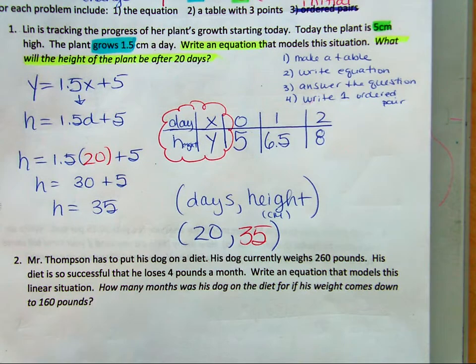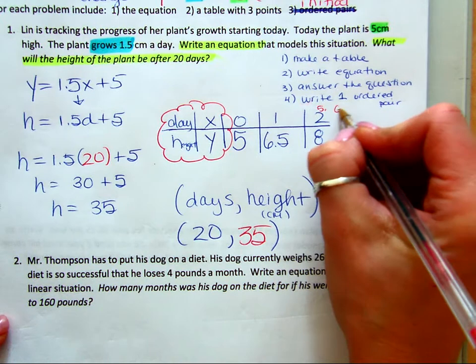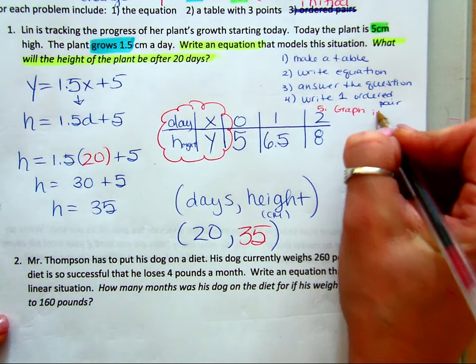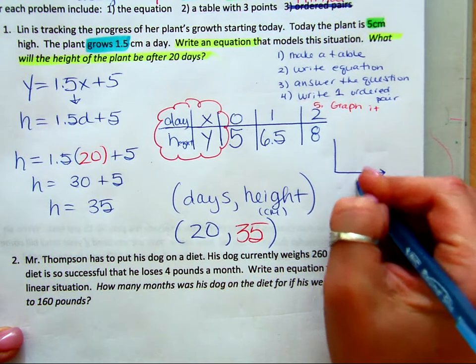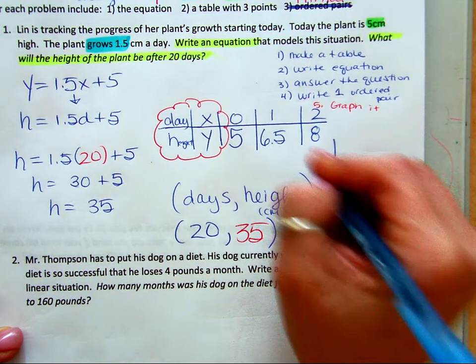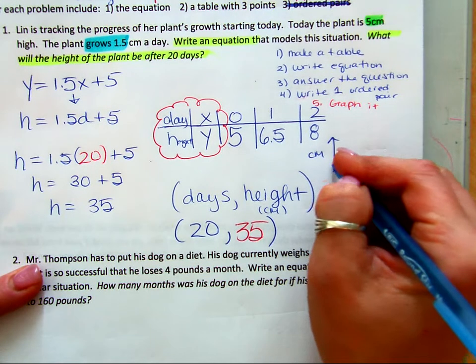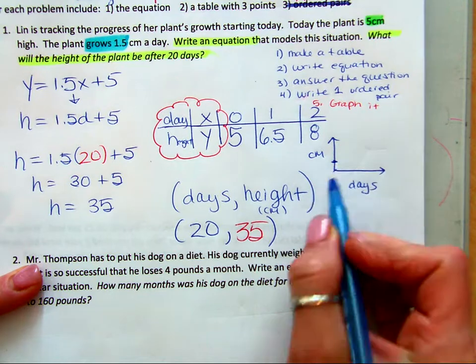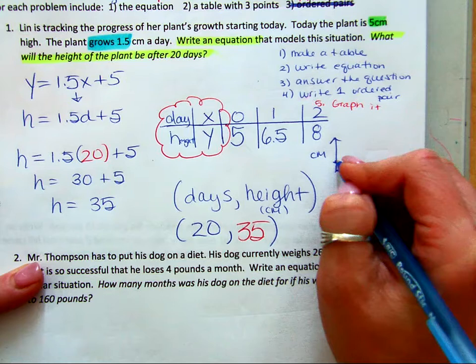If I threw a little step 5 in there and asked you to graph it, that would look like this. The x is the number of days, the y is the number of centimeters, and on day 0, what's that? Dylan said it earlier, it's my y-intercept. And every day that goes by, it's growing an inch and a half, or a centimeter and a half.